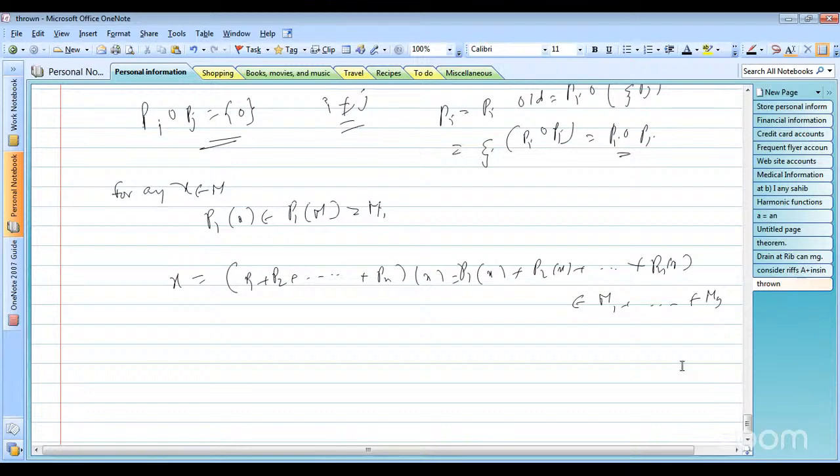So P1 x plus P2 x plus P3 x plus and so on plus Pn x belongs to M1 plus and so on.